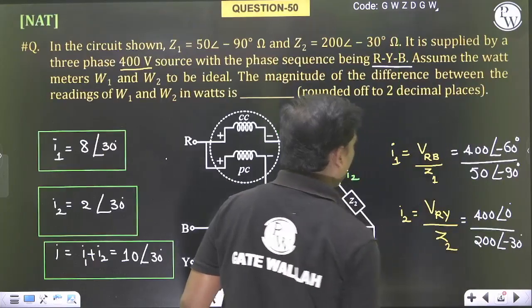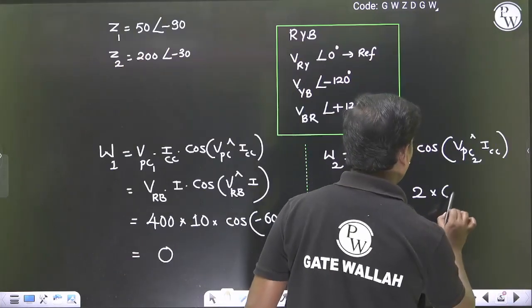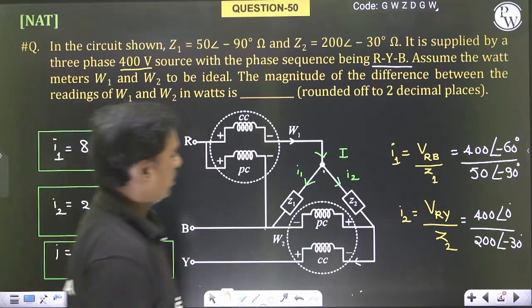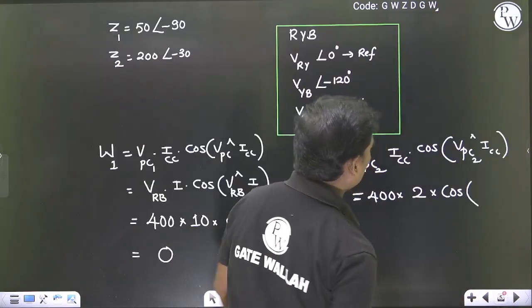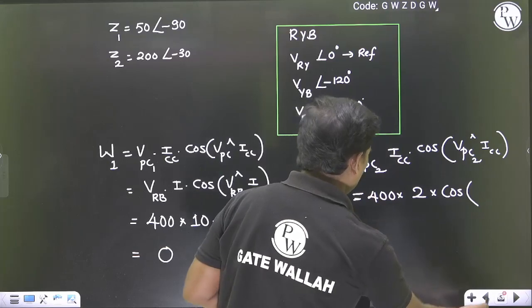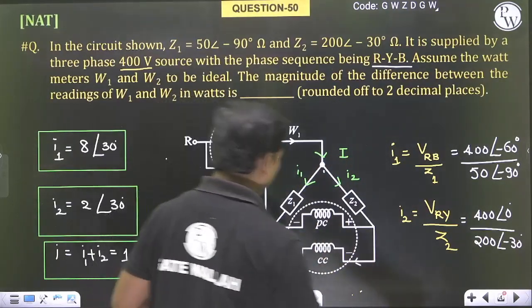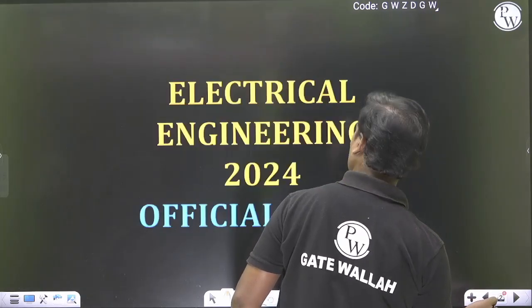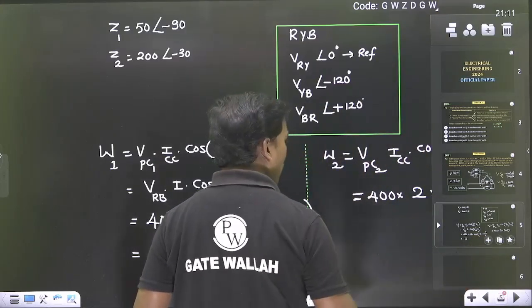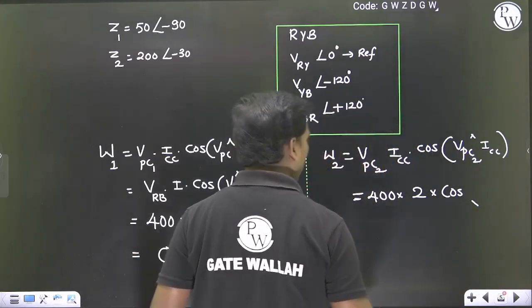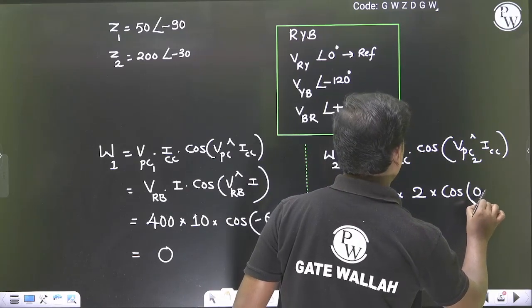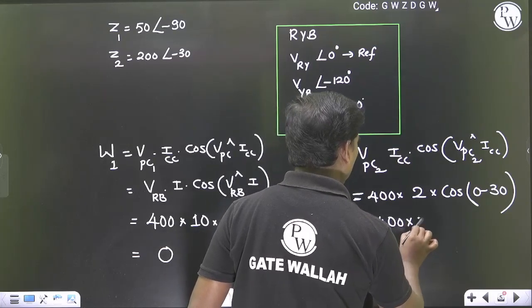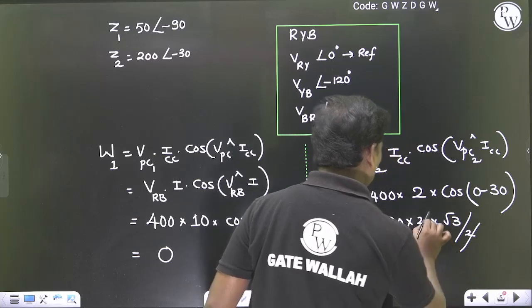Then the cosine of the angle between them.